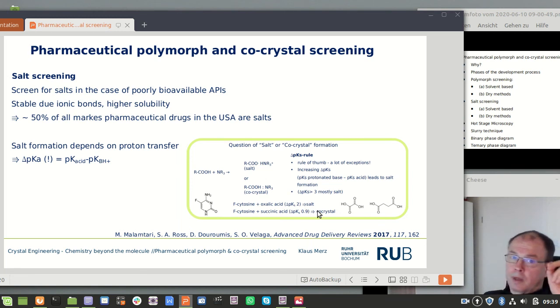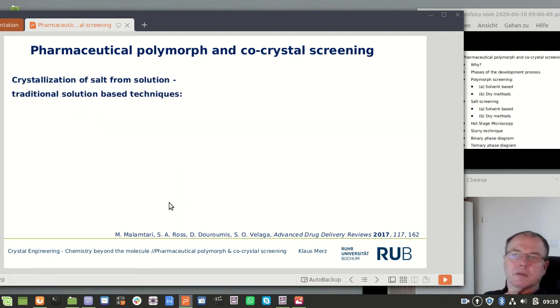But as I said, this is a rule of thumb, and a lot of exceptions are well known, where this rule does not fit. But anyway, if you have a really high delta pKa, it should be possible to get a salt.